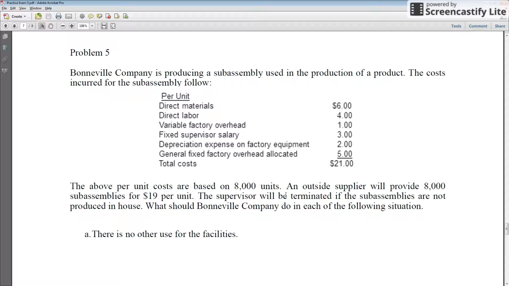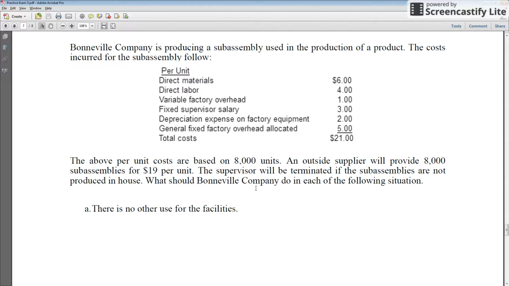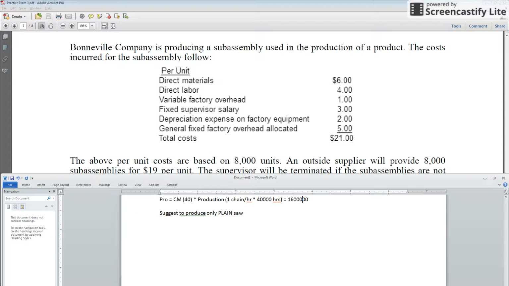The supervisor will be terminated if the sub-assembly is not produced in-house. What should the company do in this situation? The first option is that there is no other use for the facility. So it means that we stop producing those 8,000 and we are not doing anything new with the facility.